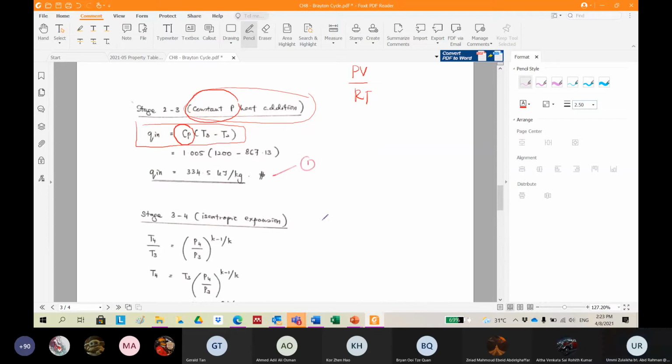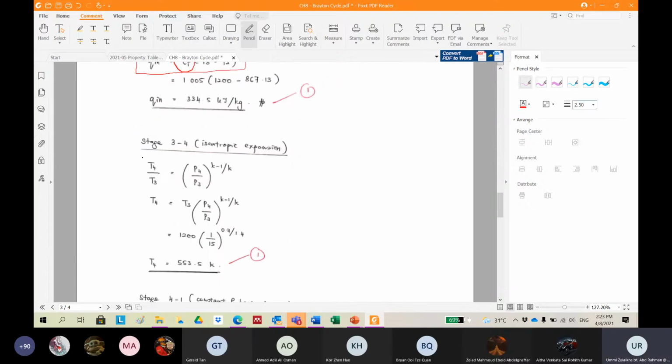Okay. Over here you have this option to find the P. All right, so now let's go to stage 3 to 4, isentropic expansion. This is isentropic, therefore use this isentropic relation.